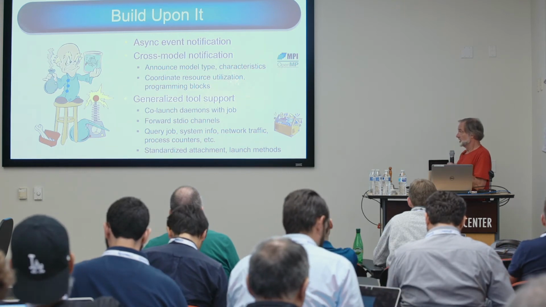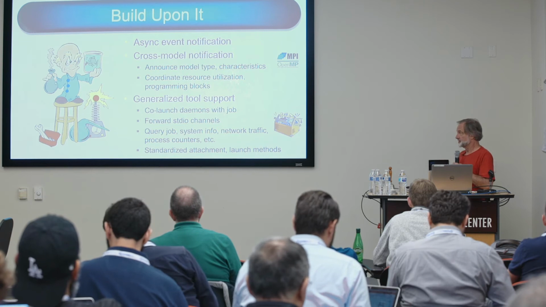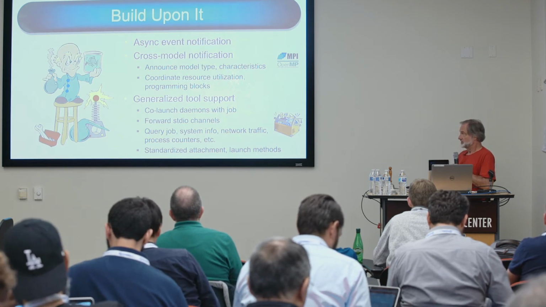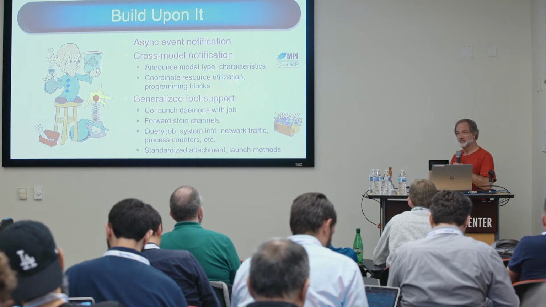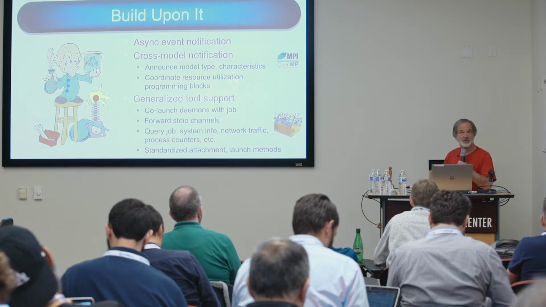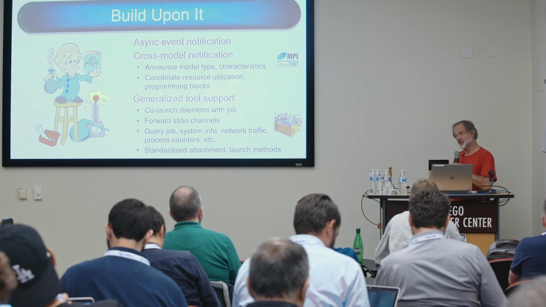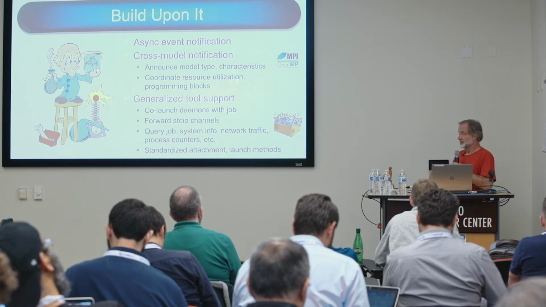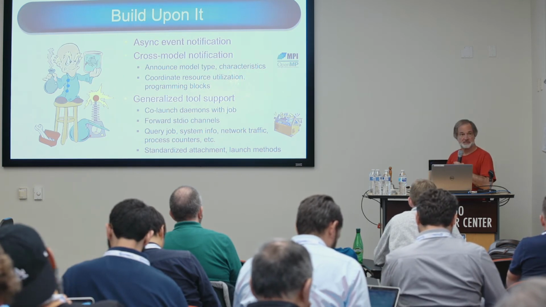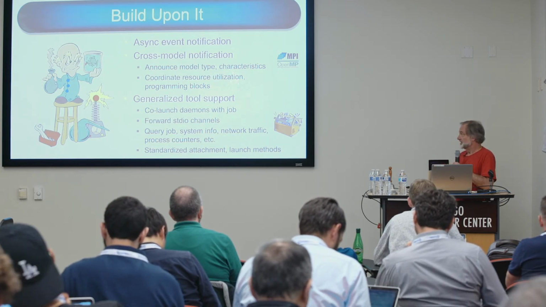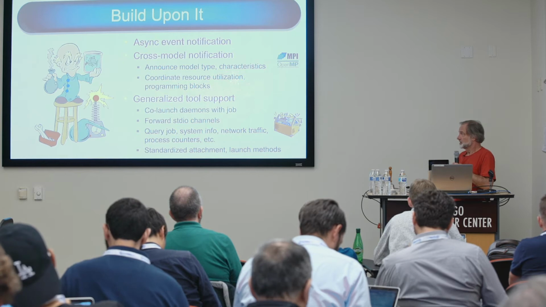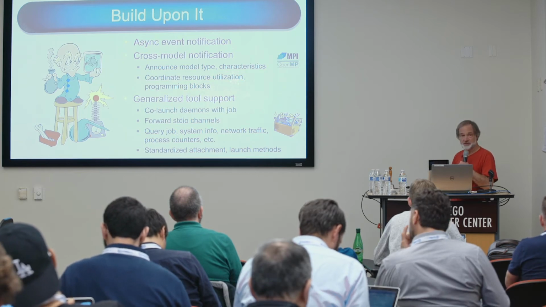So what we would like to do is tell the resource manager, wherever this job is, I want you to launch a daemon on every one of those locations. And I want you to tell the daemon what job I'm trying to debug, and I'd like that daemon to be able to query and get what the proc table is globally as well as locally, et cetera. And so we created the infrastructure for doing that.